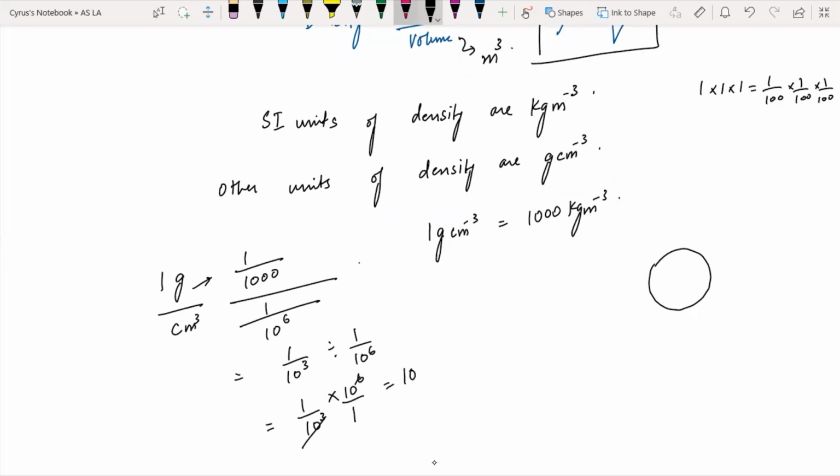And physics will work always along with math. ठीक है so 1000 किलोग्राम पर मीटर क्यूब is equal to 1 gram per cm cube.